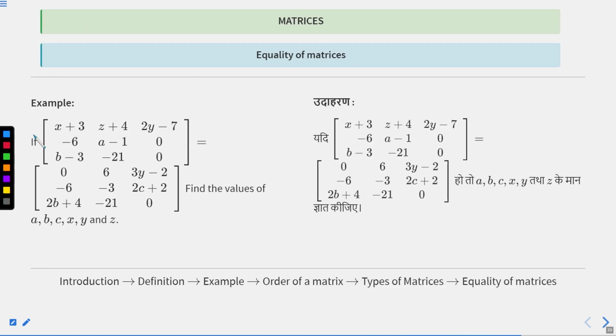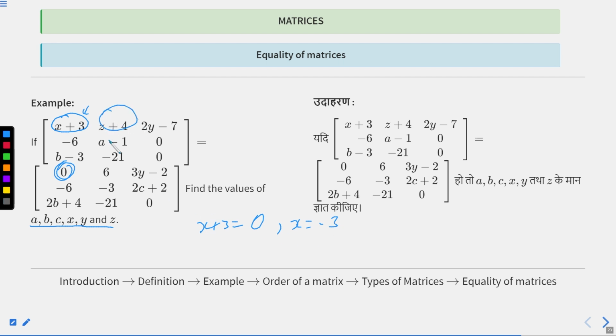Now, for example, if this matrix is equal to this matrix, then we have to find the values of A, B, C, X, Y, Z. How are we going to find them? Quite simple. This entry must be the same as this. So X plus 3 must be 0, which means X is equal to minus 3.